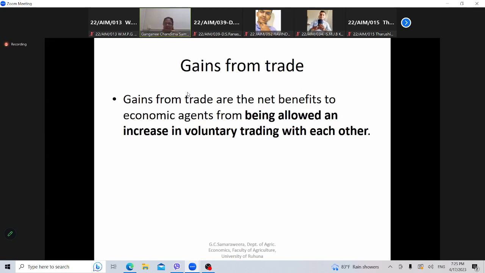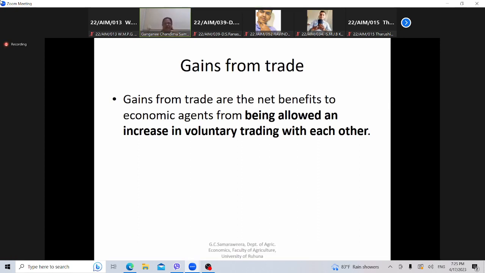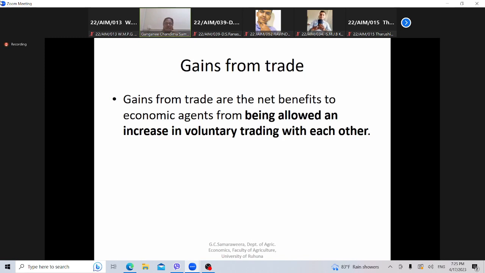Gains from trade. The name implies the meaning. Gains means something we are getting from trade. That's why producers do trade, just to gain something. Gains from trade are the net benefit to economic agents from being allowed to increase voluntary trading with each other. In the production process, we have to bear costs.